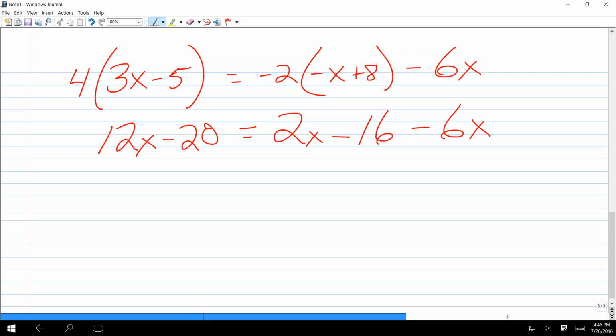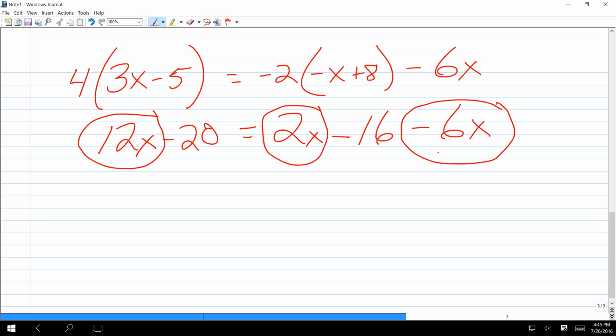What I usually use is whichever one's going to give me a positive coefficient. We got a 12x here. We got a plus 2x there. And we got a minus 6x there. If we bring everything to the left, we're going to have a positive coefficient.